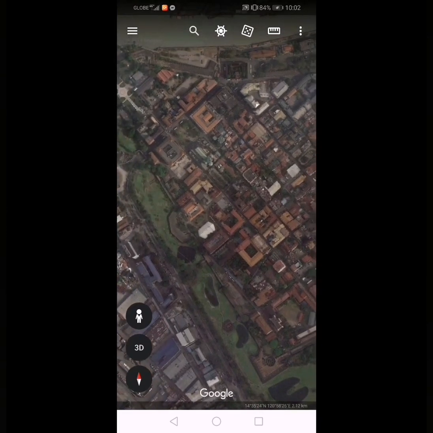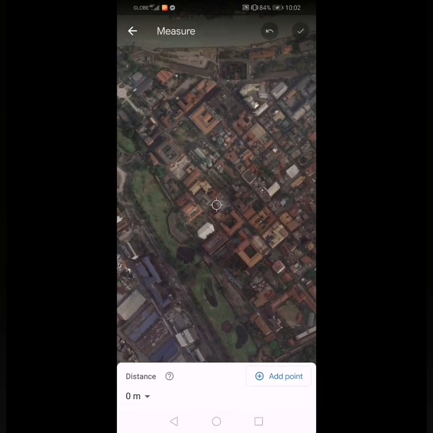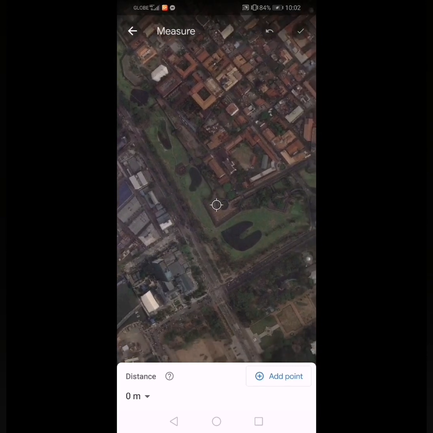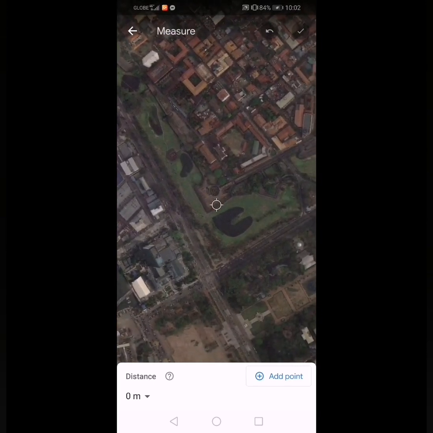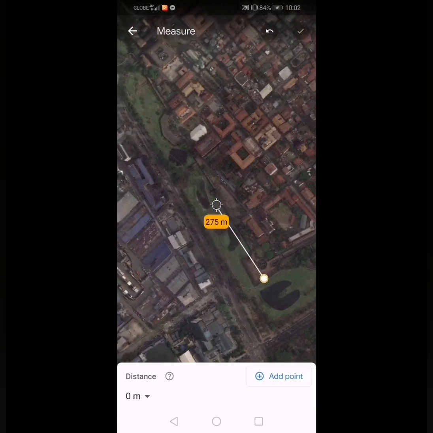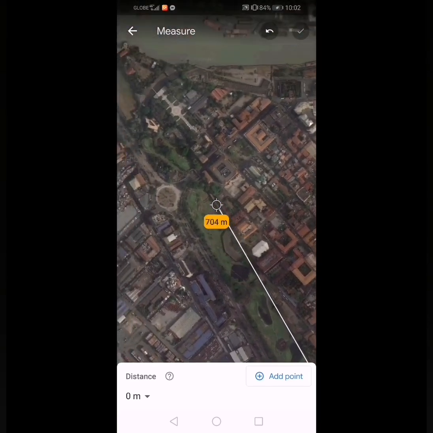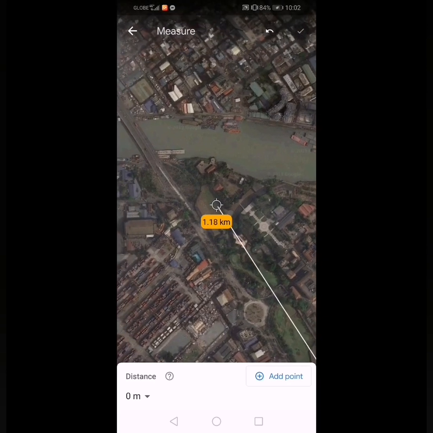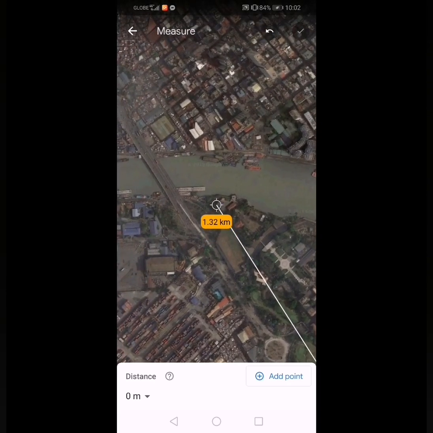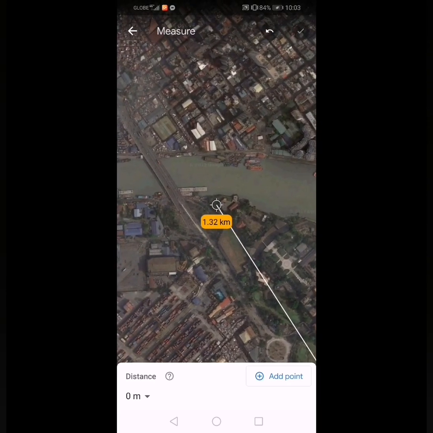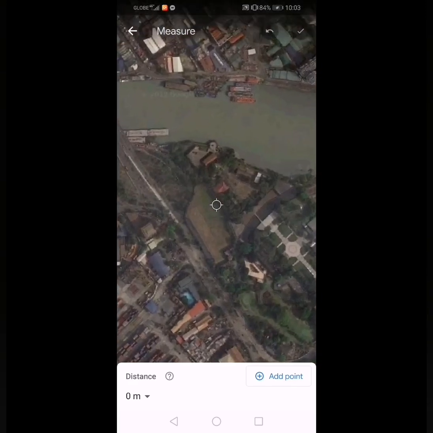So we're gonna pull down the scale again to measure this wall of Intramuros. Okay, so we're now dragging the scale going to Fort Santiago. The measurement is 1.3 kilometers. So that's how long this wall of Intramuros is.